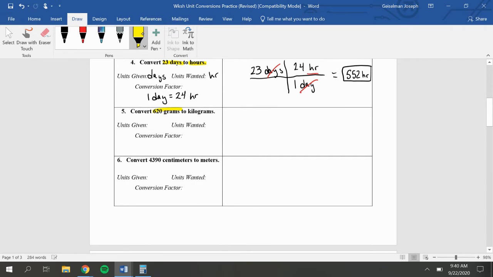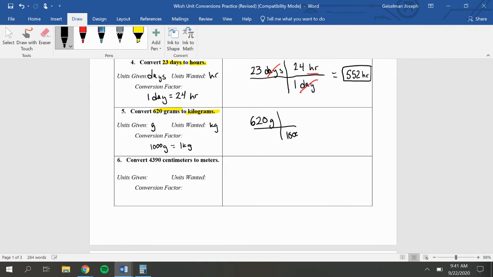Going on, we are converting grams to kilograms. This one's pretty easy because we're given grams. We want to get to kilograms, and we know that there's 1,000 grams in each kilogram. So that's pretty simple. We start with 620 grams.